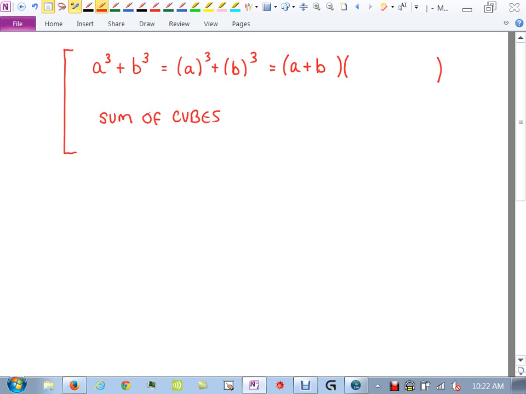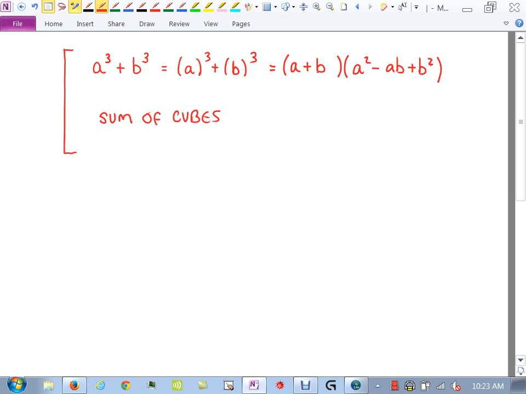Hey, that looks like difference of squares formula, right? And then it all goes to hell right here: a squared minus ab plus b squared. Like I said, you don't have to memorize that. But if you do, go for it.